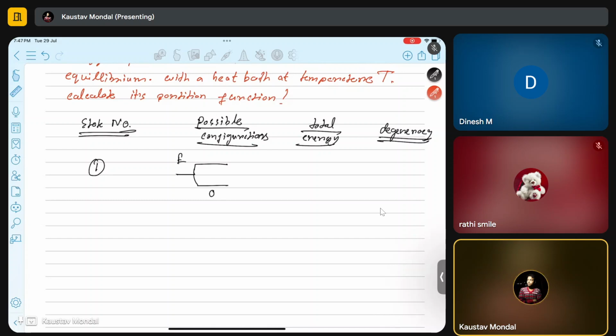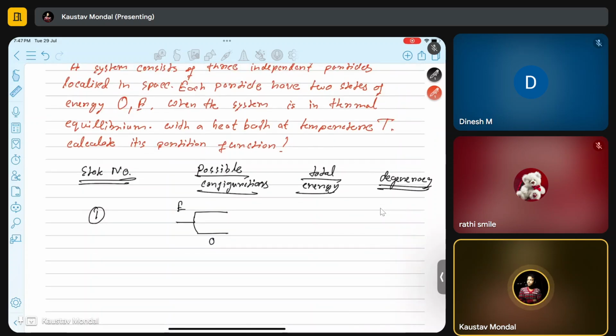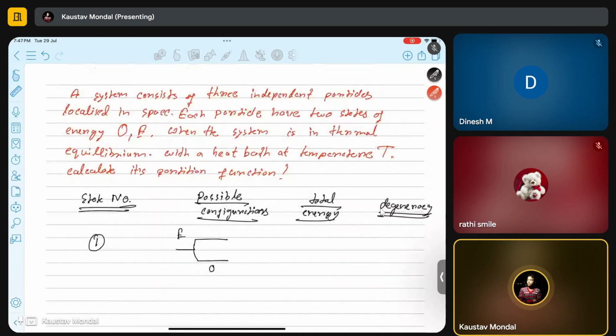These are distinguishable, independent particles. Indirectly, the problem specifies that the particles are distinguishable.